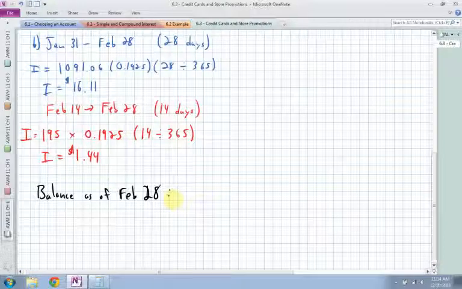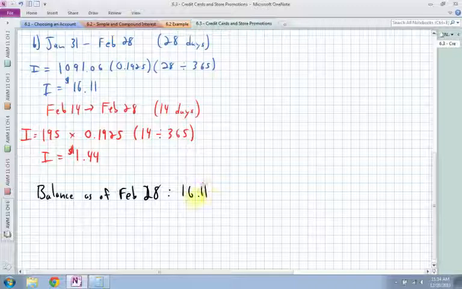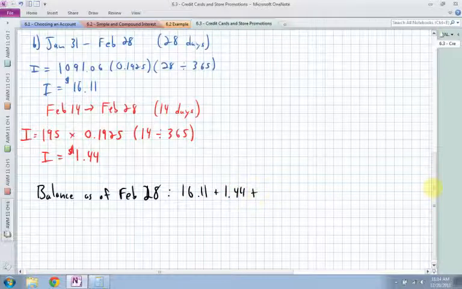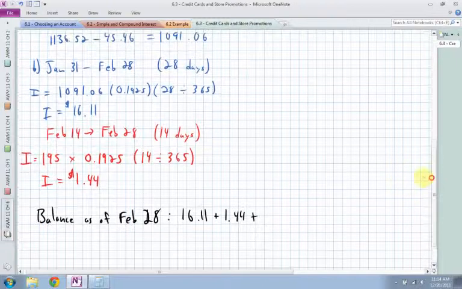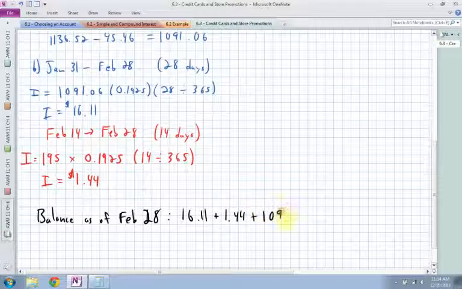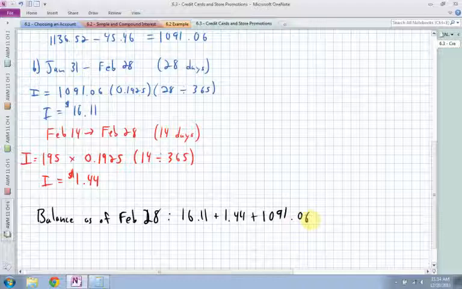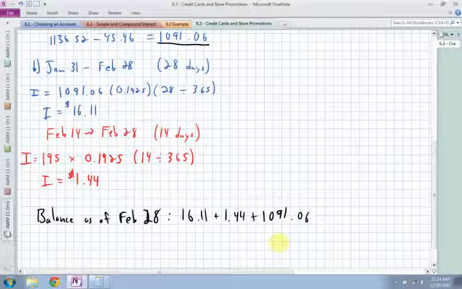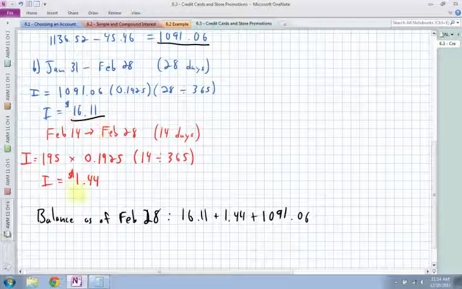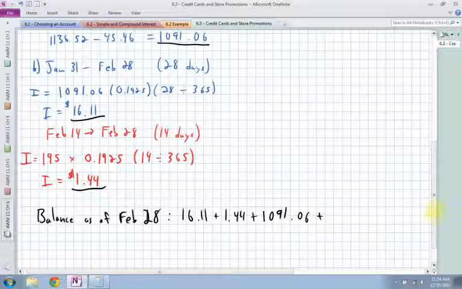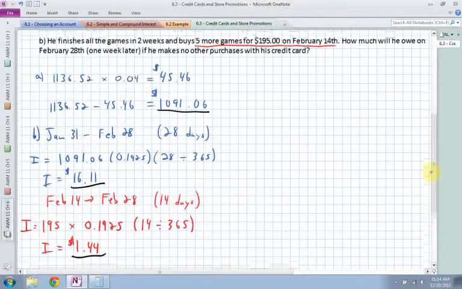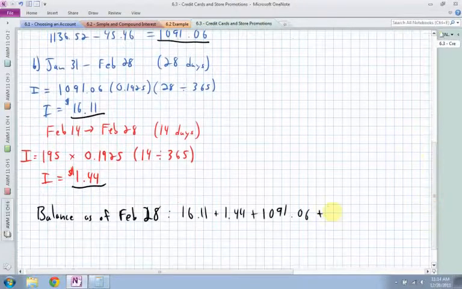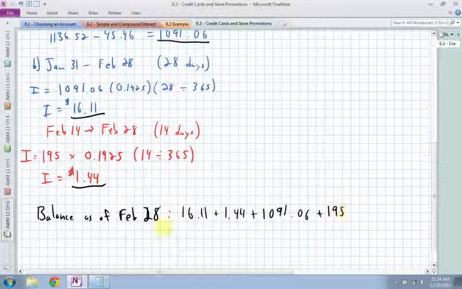Well, he will owe all my interest, so the $16.11, plus the $1.44, plus he will owe the original amount, the $1,091.06. He owes that. Plus, he also owes the extra $195 that he put on there. So all this stuff is going to be accumulated on his credit card.